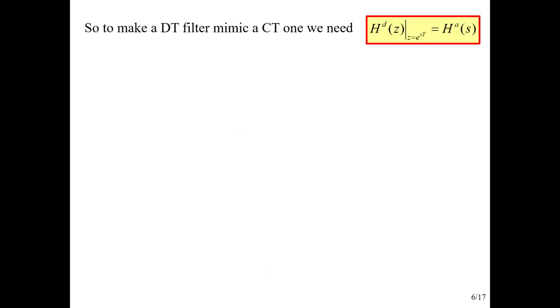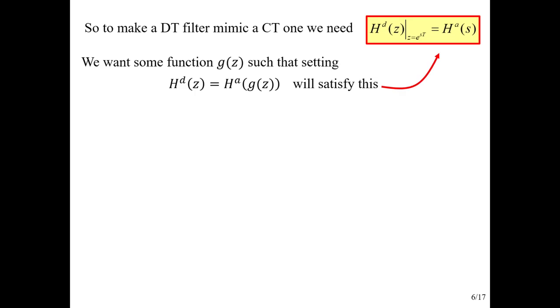So I'm just rewriting that here. And that's the goal. In other words, what we're saying is we would like to come up with some magic function g of z so that when we plug it in here for s, it boils down to an h superscript d of z, that when I replace z by e to the st, boom, I'm back to my desired function.